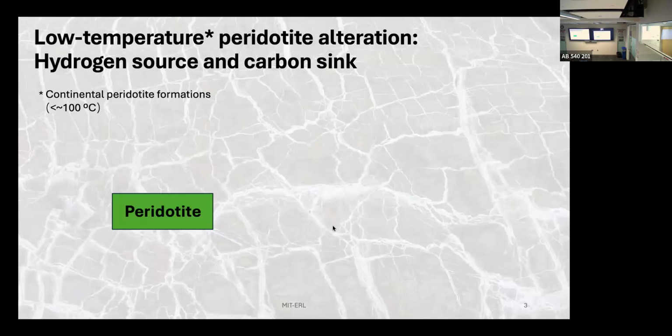In some rare cases, it can be exposed to the surface, where it becomes chemically unstable and prone to react with water and CO2. These reactions have profound implications in many aspects of Earth sciences, but for this talk, I'm going to focus on their potential applications to subsurface energy systems.